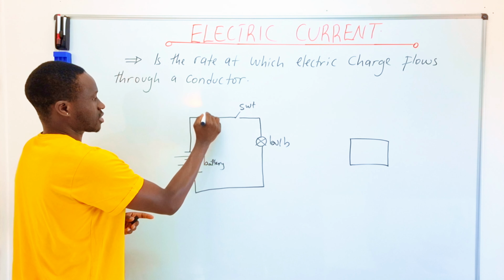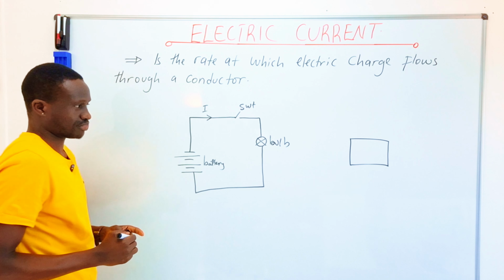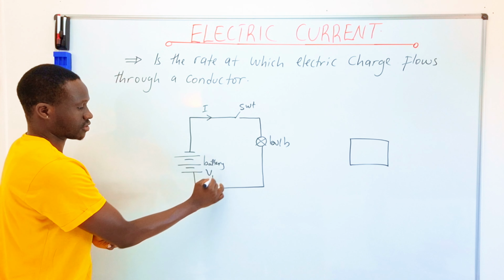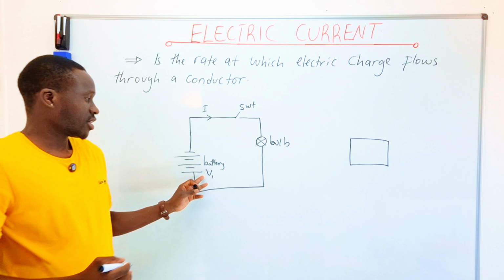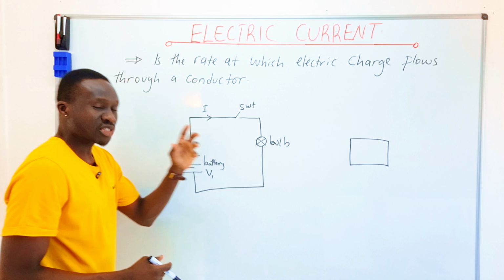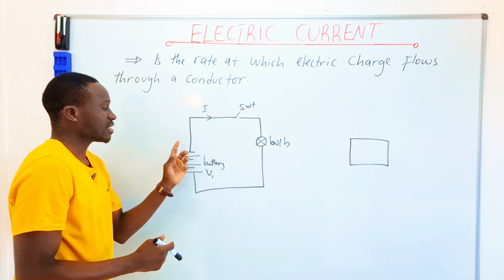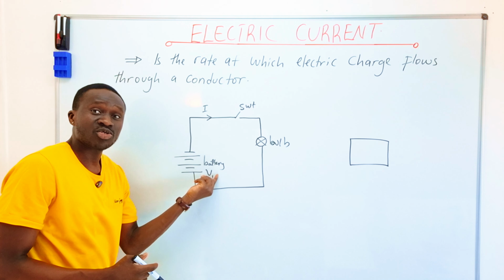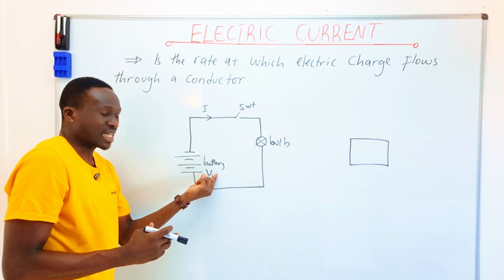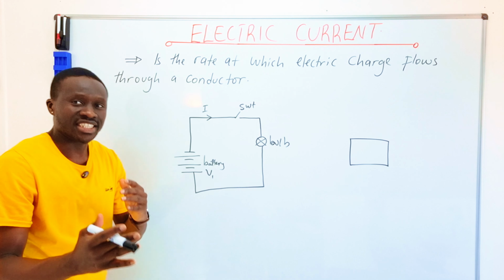And this is current. The source of power is the battery. Now a battery only provides us with the voltage, but it doesn't provide us with current.